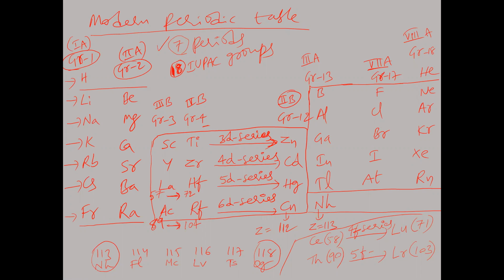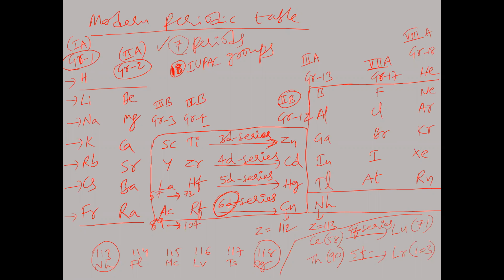That is why the 7th period was given as incomplete. And the 6D series of D block is also generally called the incomplete transition series. But now it is also complete, because 112 is also discovered. In the beginning, all elements were not discovered in the 6D, that's why it was called incomplete transition series.